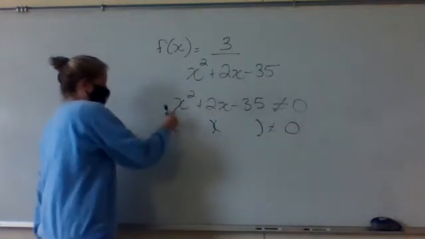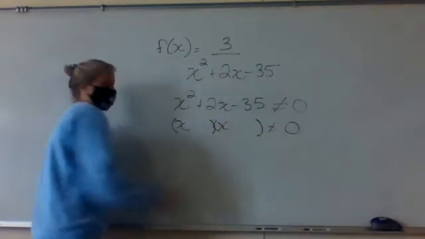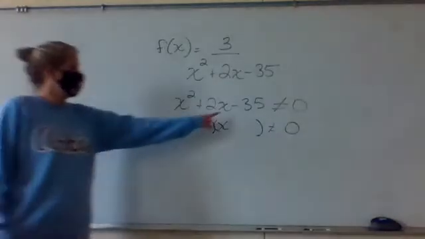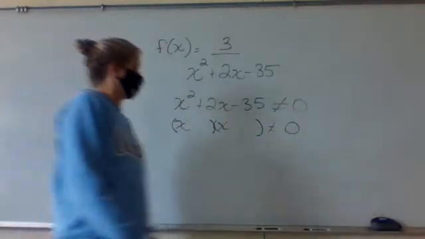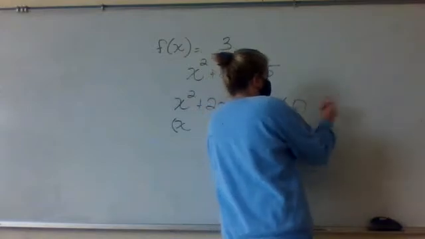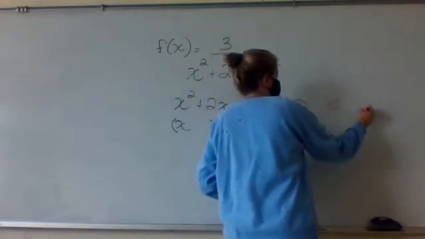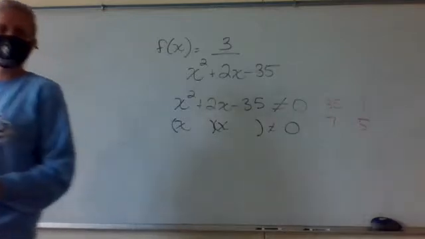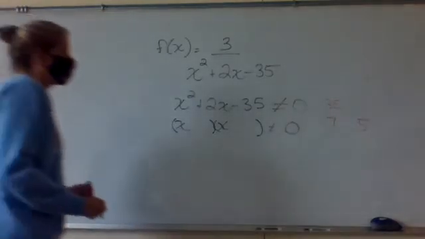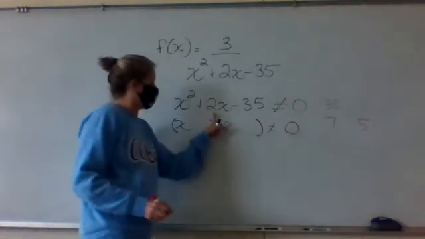Get my 2 factors, x and x for x squared. Factors of negative 35 that add to positive 2. Let's see. 35's factors are 35 and 1, 7 and 5. I'm going to use the 7 and 5 pair, right? Because I'm trying to add to 2.